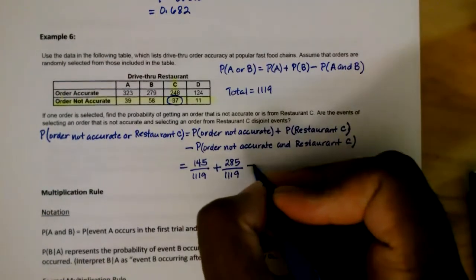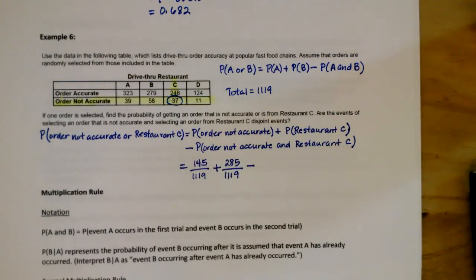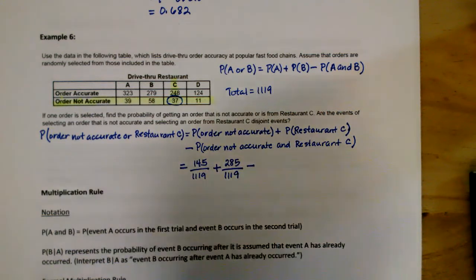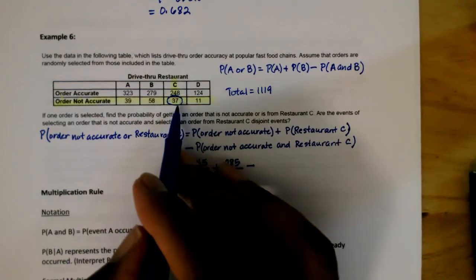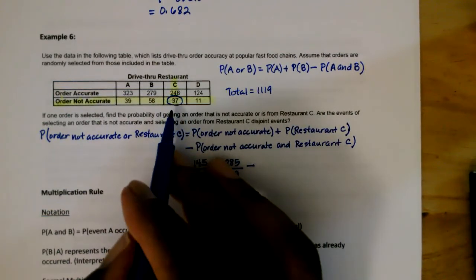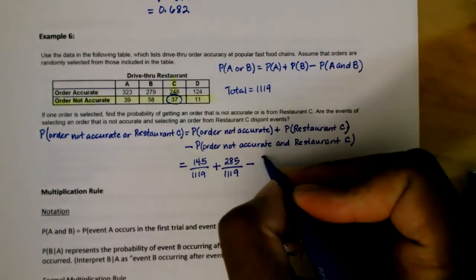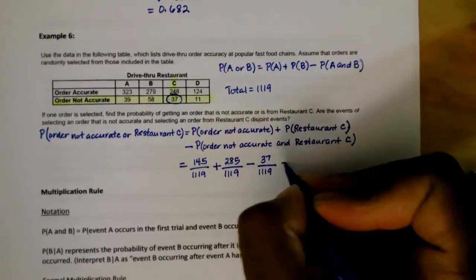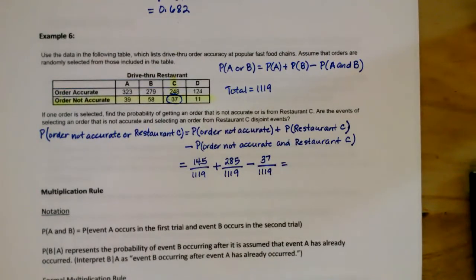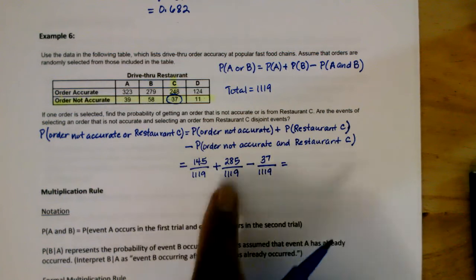And then we have to subtract off that overlap that I circled in that table. Okay, order not accurate and restaurant C has the overlap of this number, the number 37, divided by 1119. And that's to avoid any overcounting. All right, so now these denominators are the same.